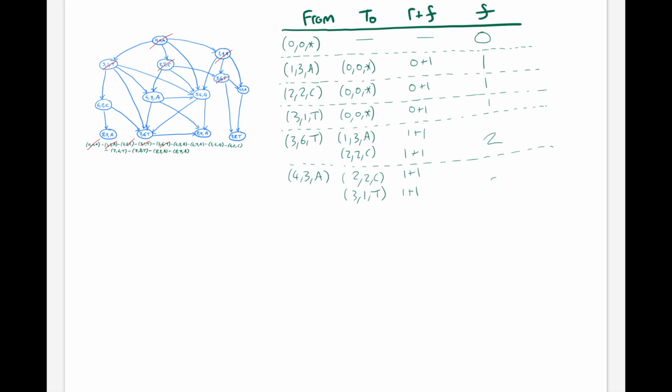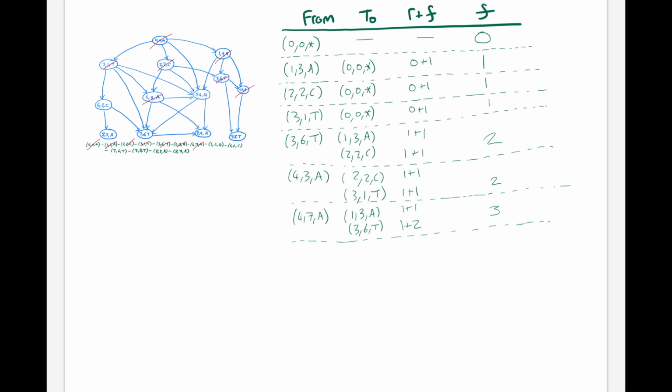Either way, that will give us a value of 2. Consider 4,7A. From here, we can get to 1,3A or to 3,6T. And 3,6T already has a value of 2, so following that would give this a value of 3, which is the highest.